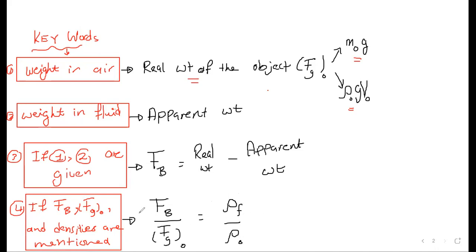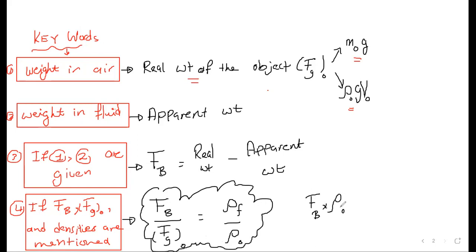This is the formal expression of the formula, but we will use another expression. We will make cross multiplication, so we write F_B times rho_O equals F_G,O times rho_fluid.